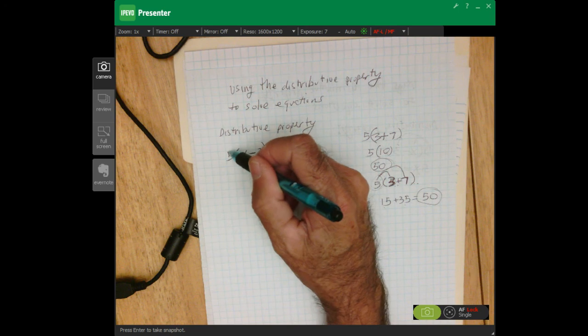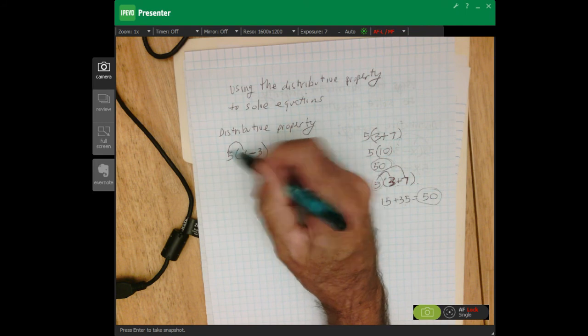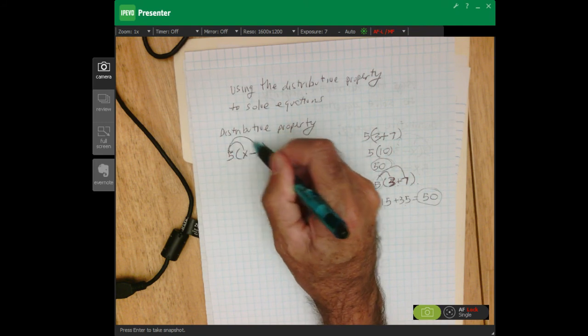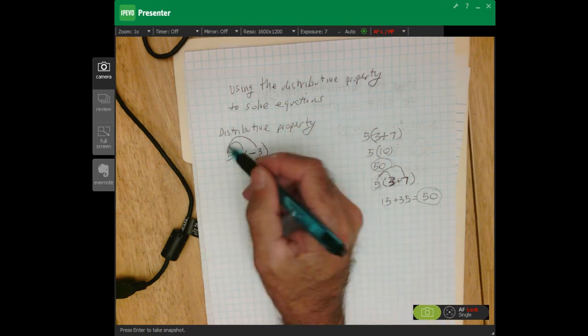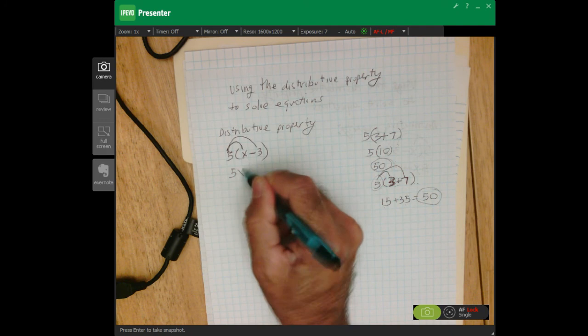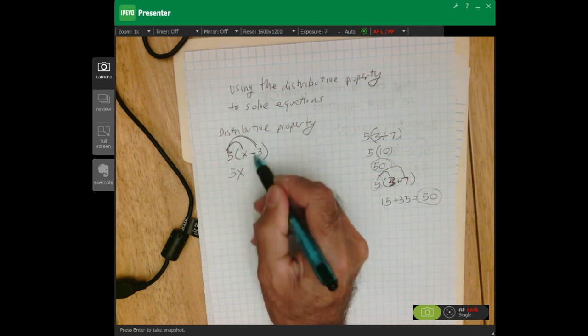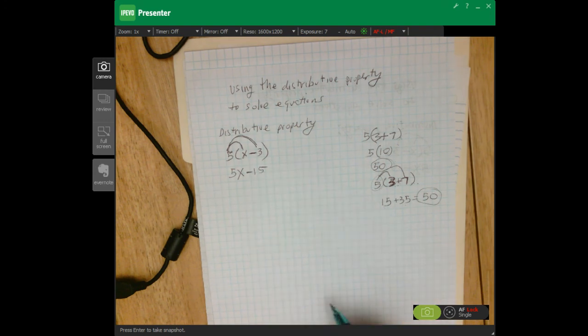We can just take this number, and as long as we multiply it by both of them, so we multiply 5 times the x, and you multiply by the negative 3, then we can do that first. So the distributive property would be 5 times x, which is 5x, and 5 times negative 3, make sure you don't forget the negative, and that would be negative 15.